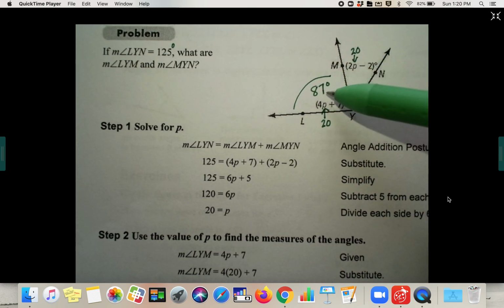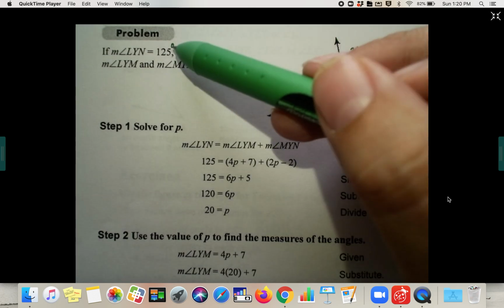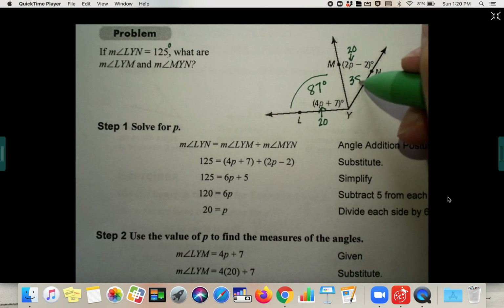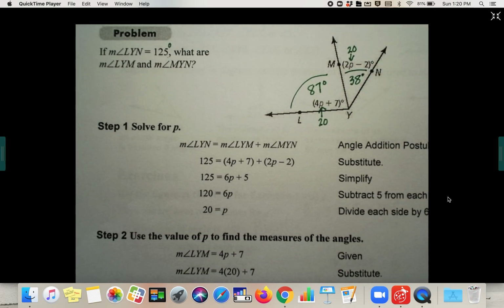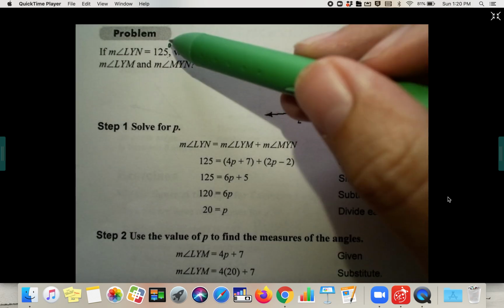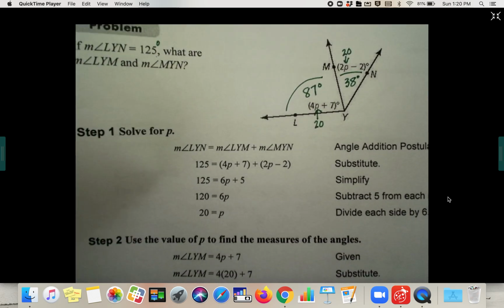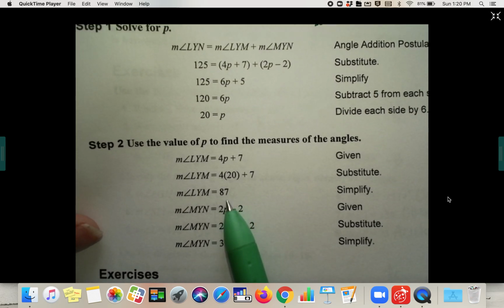Since this is 87 and the total is 125, you could subtract 125 minus 87, or plug it in again: 20 times 2 is 40, minus 2 is 38. You can always check by adding these together and making sure you get 125. That is worked out right here and here.